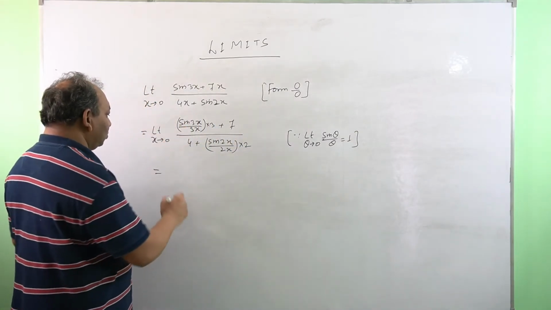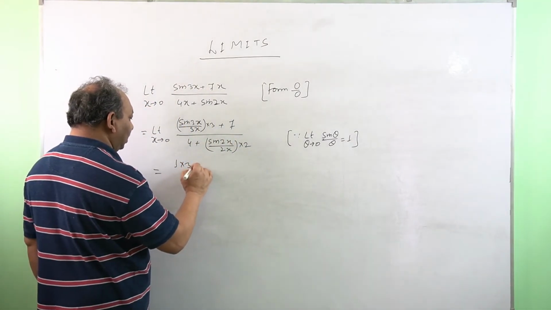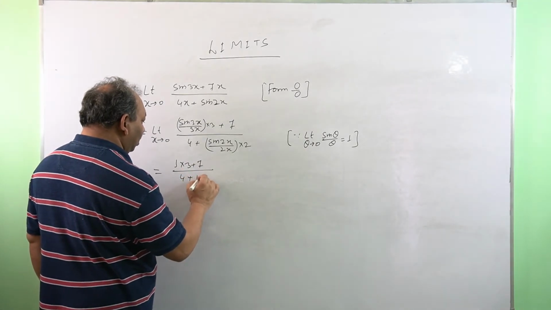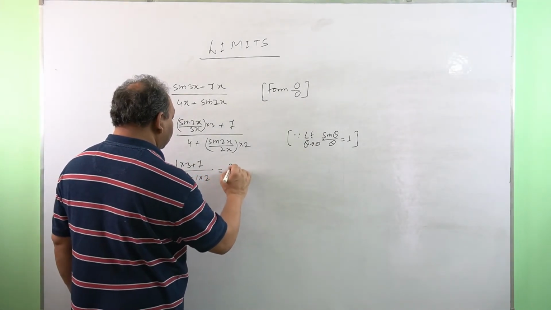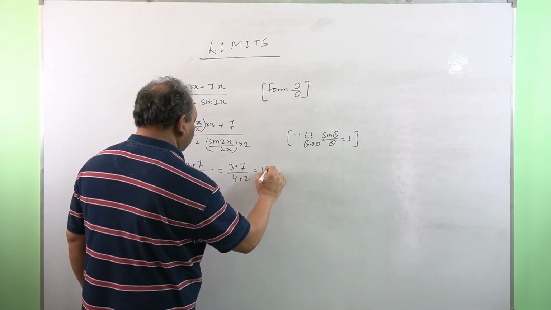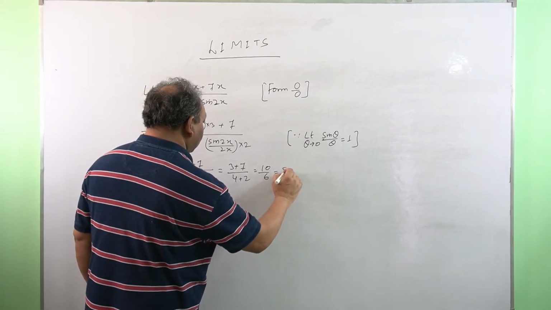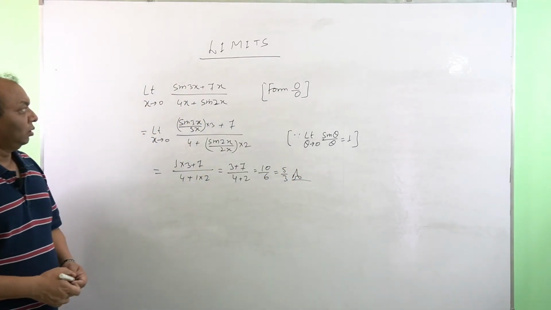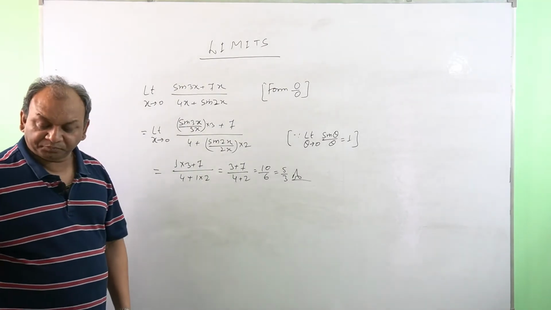So this becomes (1 into 3 plus 7) divided by (4 plus 1 into 2). That is (3 + 7) by (4 + 2), 10 by 6, that is 5 by 3. Let's take another question.